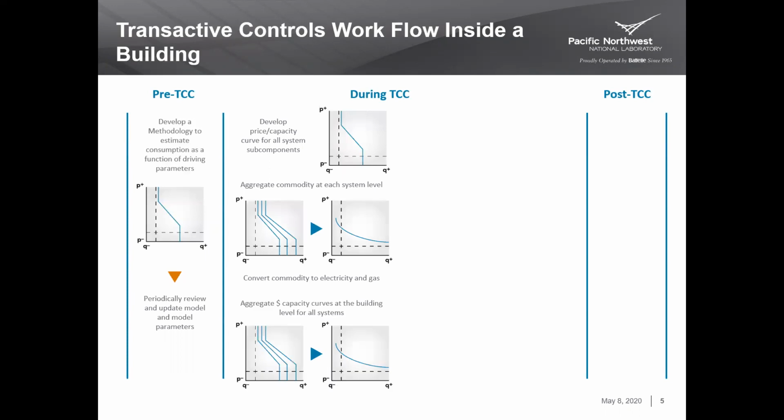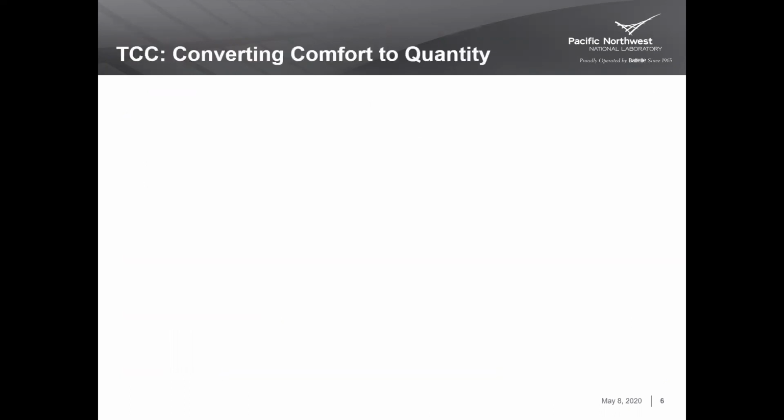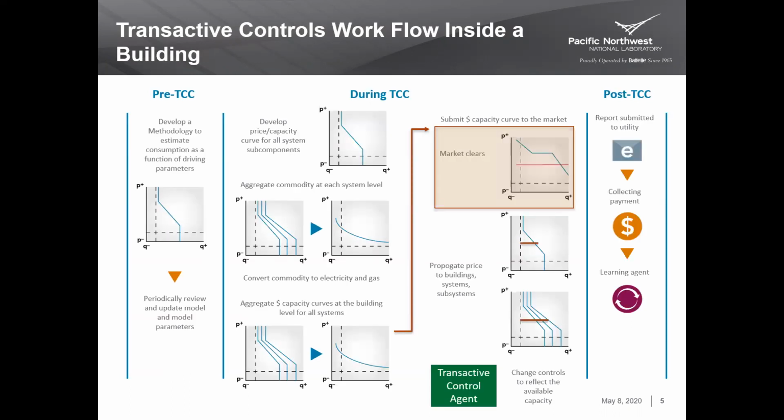So I'm just going to fill this out as we go so that we can talk through it. As I mentioned, the TCC agents use models to derive the flexibility of the different components. For instance, a VAV box would use parameters such as outside air temperature, zone temperature, and the set point to determine the need for cooling. Previously, we would do these models in an offline manner.